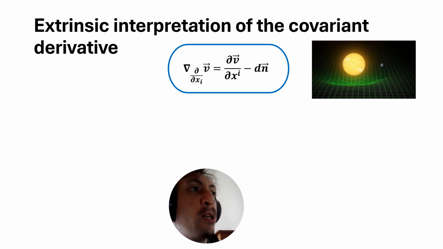And so you can do that by taking the total change in the vector in your extrinsic space, and then subtracting the part of that change of the vector that you can't see if you're on the manifold. So taking away the change in the vector that is normal to the tangent plane on the manifold.